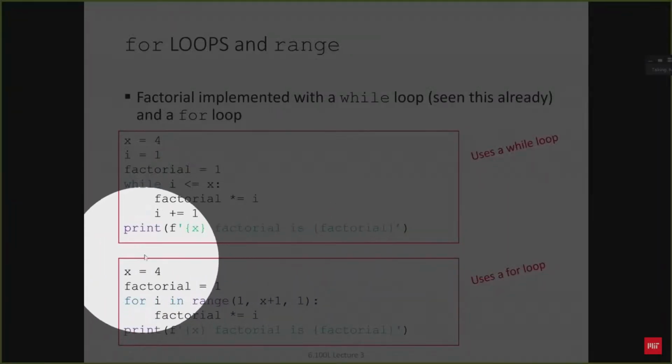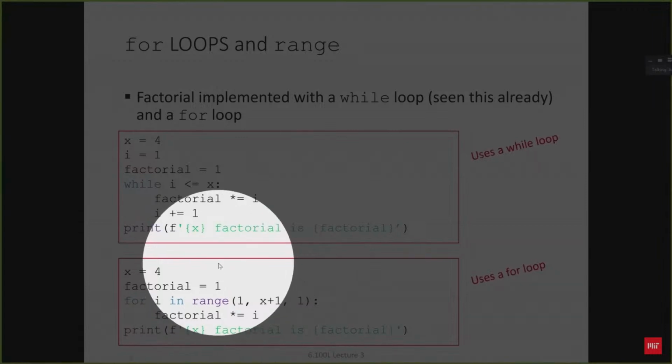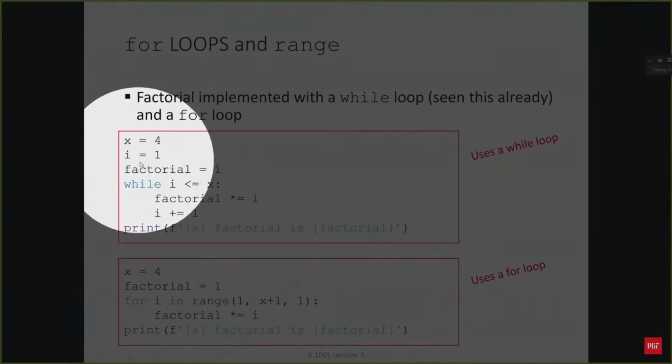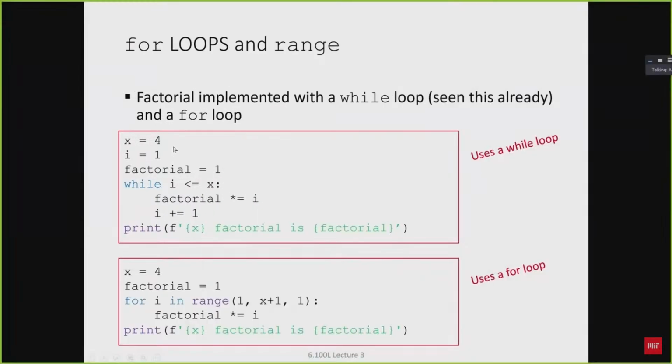We still have the initialization of x to 4. We still initialize our factorial, our running product, to a 1. But we're losing those 4 lines of code that make up that pattern of changing numbers with while loops, turning them into 2.